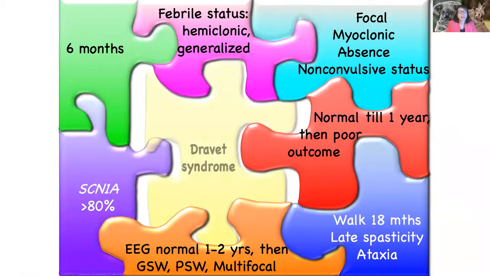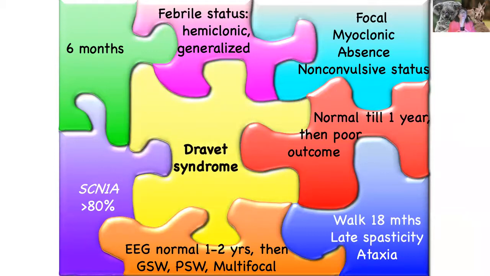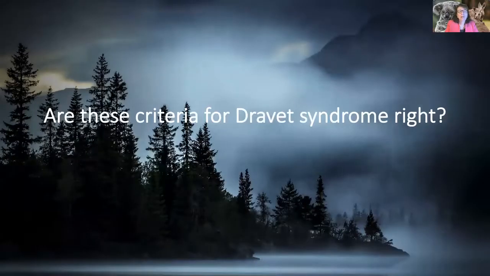All of this together builds the picture for what we have always been teaching people. This is Dravet syndrome. But the question is, are our criteria for Dravet syndrome right? I've put up this picture because we've tended to call this our fuzzy edges study, to ask what are the edges of this syndrome, and are we getting it right when we teach doctors and parents that this is Dravet syndrome?